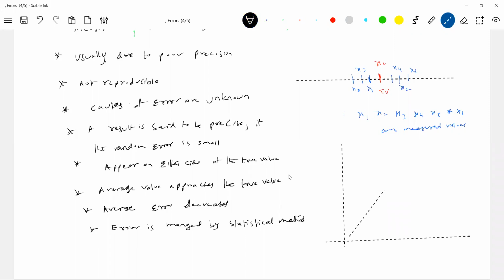There's an expected value. Due to random error, it will be off like this. Look at the values here. They lie on either side of the true value. The red color is the true value.